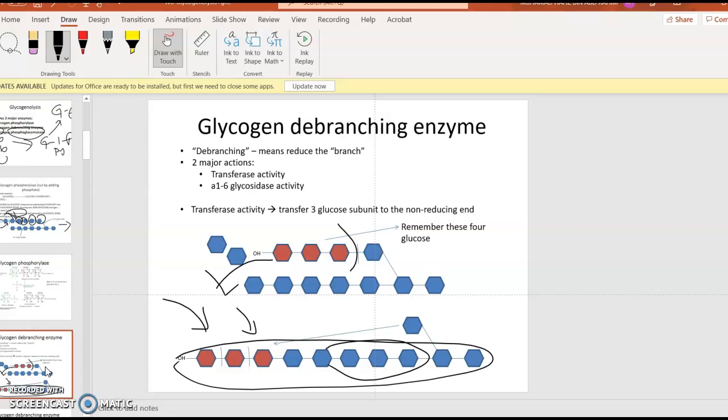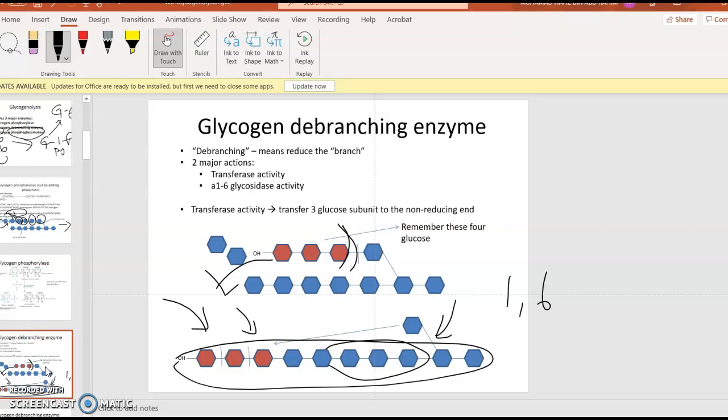Then, after the glycogen debranching enzyme transfers these 3 glucose molecules to the linear branch, the second activity of the enzyme will come and cut this alpha 1,6 glycosidic bond. Remember this one is 1,4, and then it will cut this alpha 1,6 glycosidic bond.